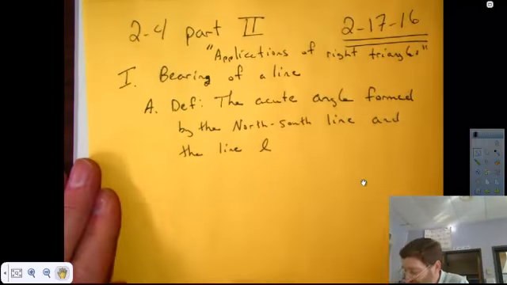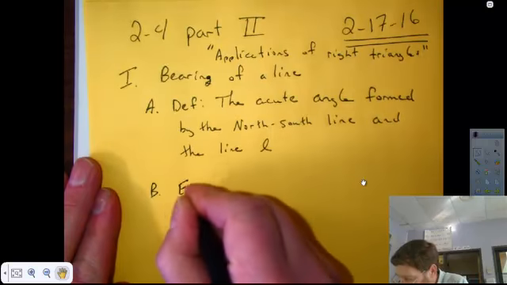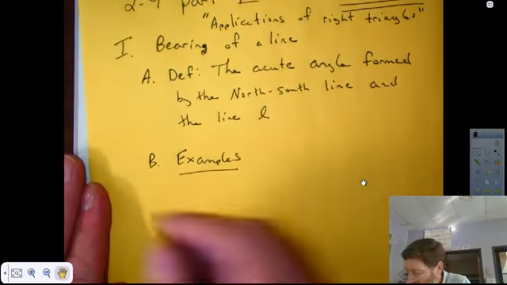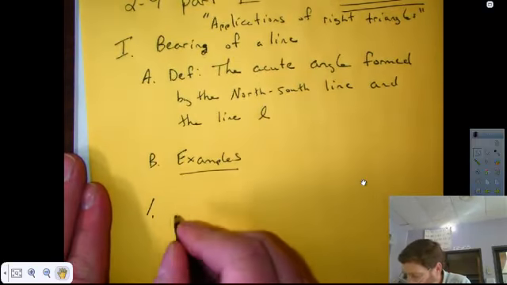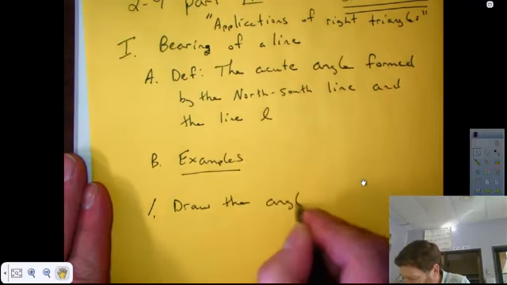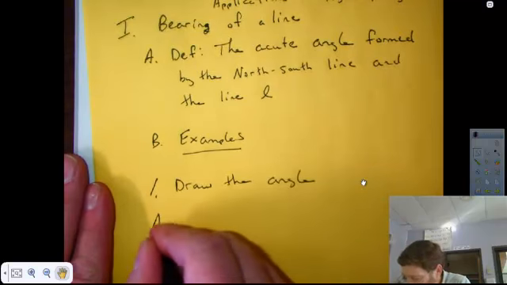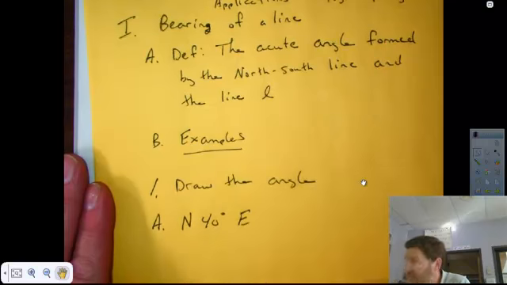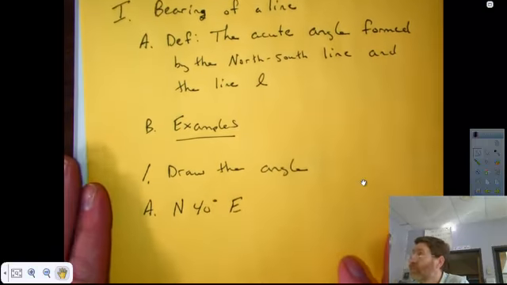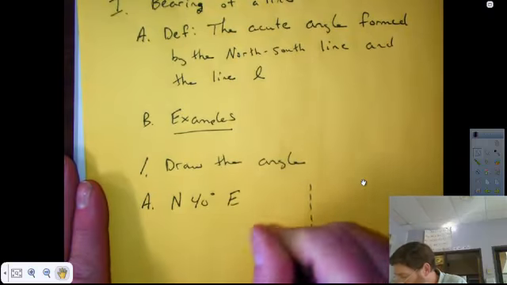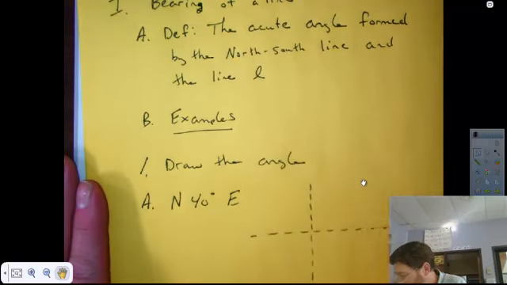Let me go through some examples, so I think that'll make the most sense. If I want to draw the angle, the first one is north 40 degrees east. How this book is going to do this system is the angle always starts from the north or south.